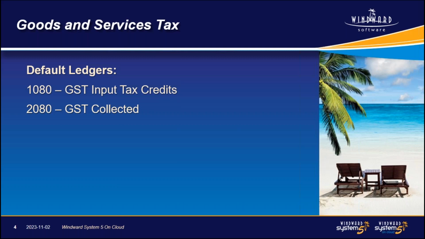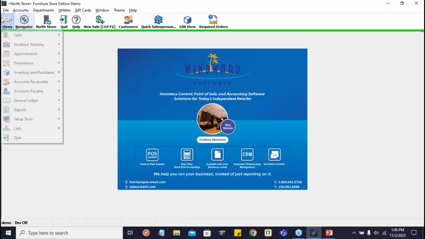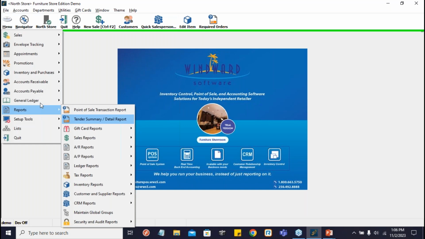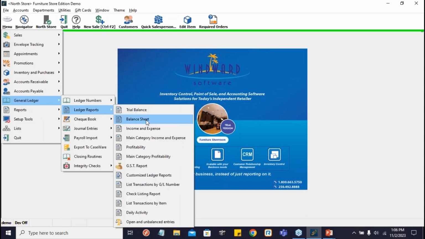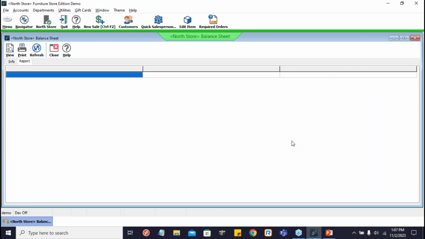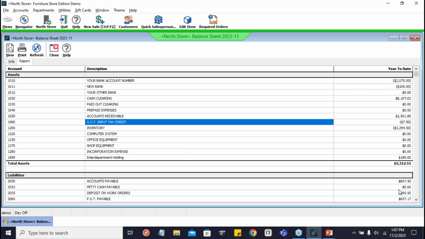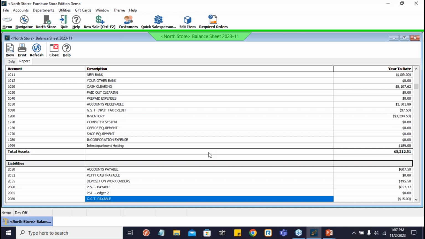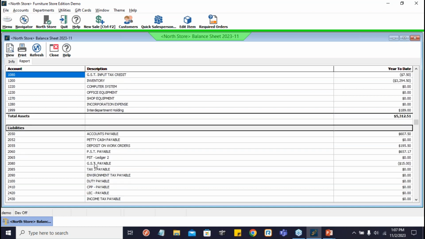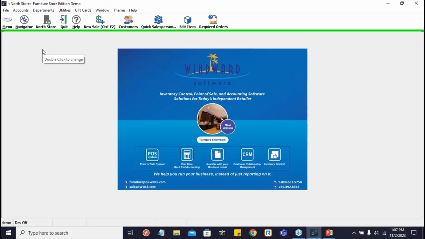For our demonstration, I'm going to use those two ledger accounts, and I'm going to run my balance sheet for the current date to show you the GST input tax credit in 1080 and the GST payable in 2080.